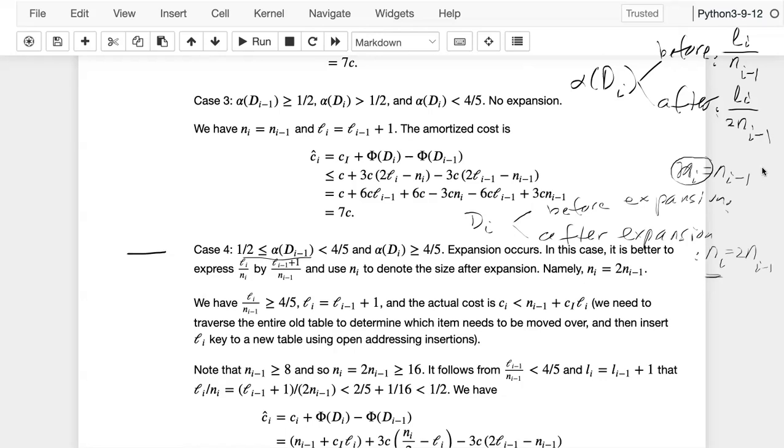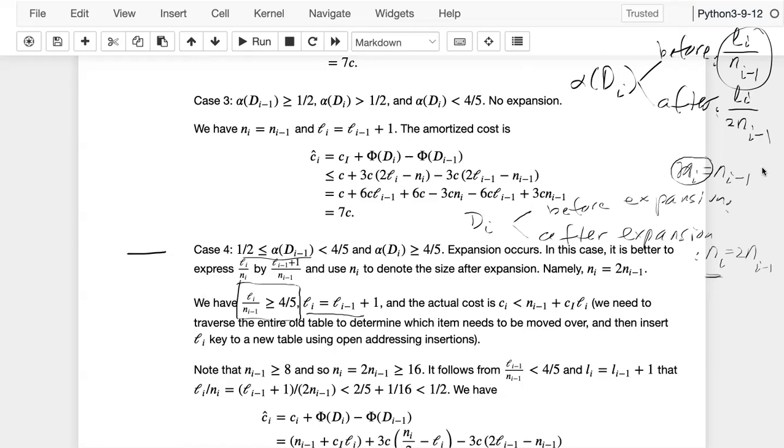after the insertion, the load factor, which is L sub I over N sub I minus 1, is greater than or equal to 4/5. And this is still the same because of the insertion: L sub I is equal to L sub I minus 1 plus 1.